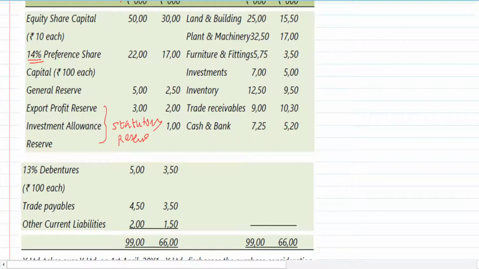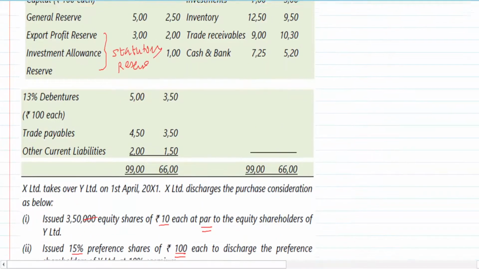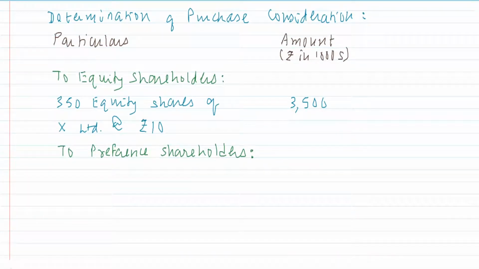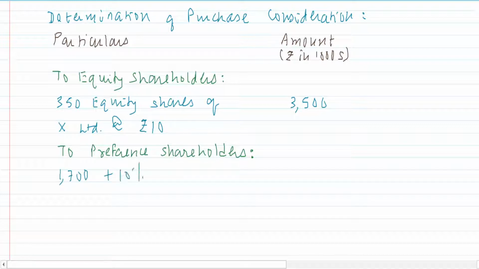We realize that the preference shares are 1700. So we will satisfy this at 10% premium. Fine. So we put it accordingly. 1700 is there. We satisfy at 10% premium. So that is turning out to be 1870 divided by 100, right? The preference shares are of 100 rupees face value.